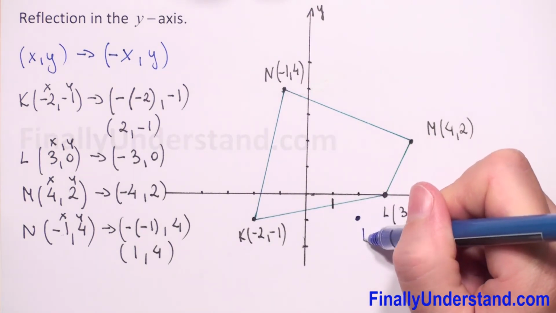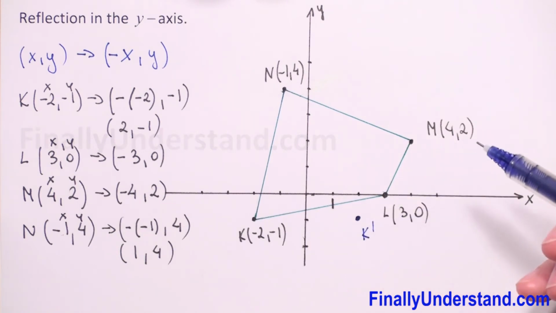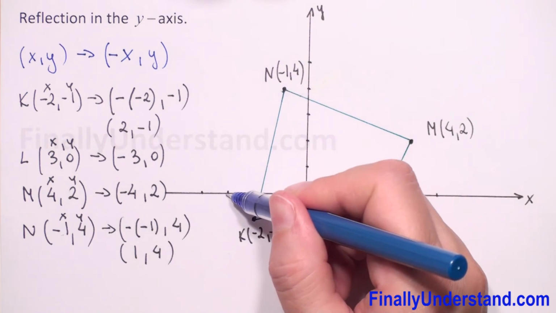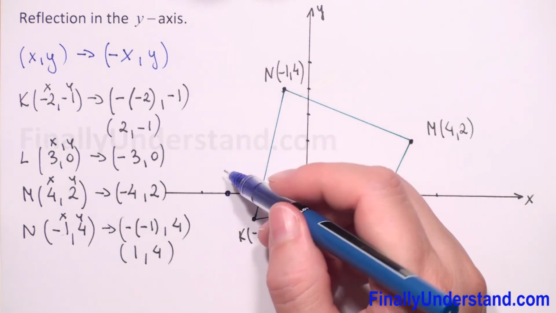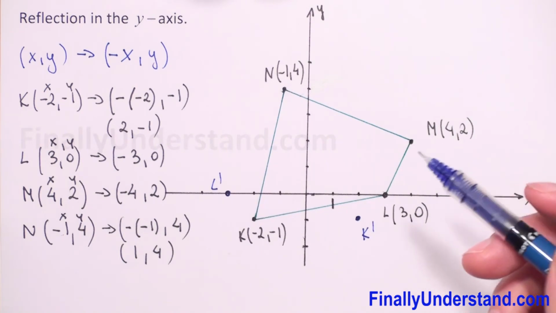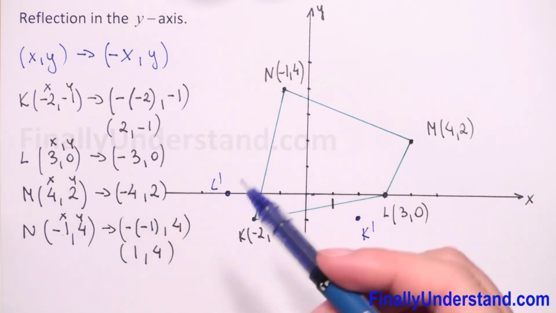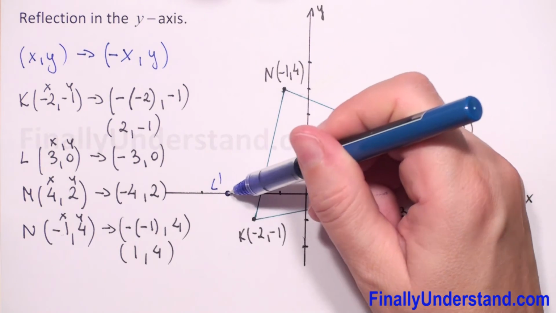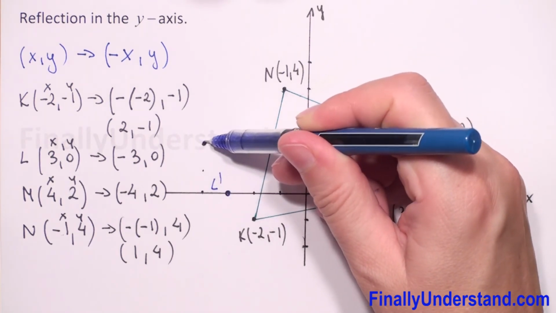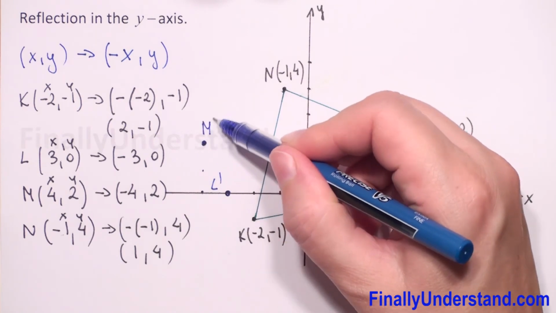This is our point K prime. Point L is (negative 3, 0), so this is our L prime. Point M is (negative 4, 2): 1, 2, 3, 4, and 2 up, approximately here. This is our point M prime.